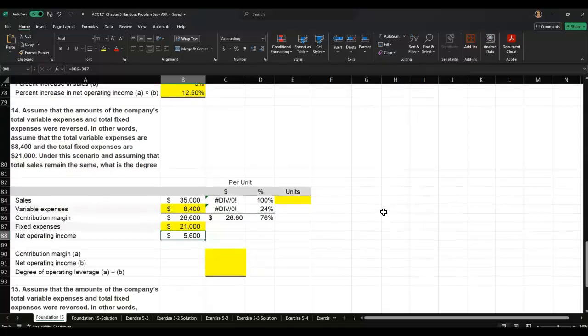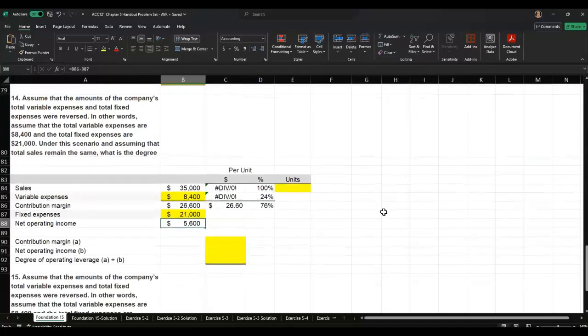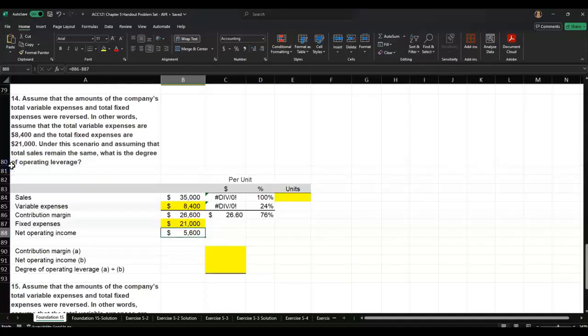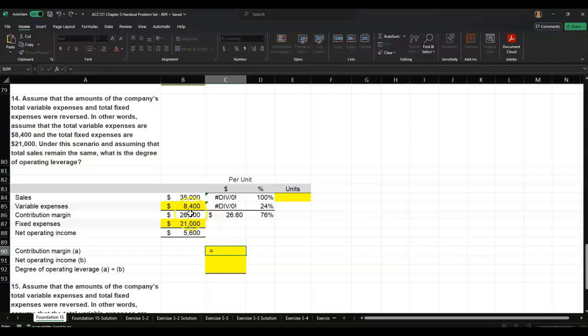So then they're asking about, under this scenario and assuming that total sales remain the same, what is the degree of operating leverage? So we still take our contribution margin. Notice what happens to our contribution margin. Again, nothing's changed down here in net operating income, but our contribution margin has gotten much larger because our variable expenses are so much lower.